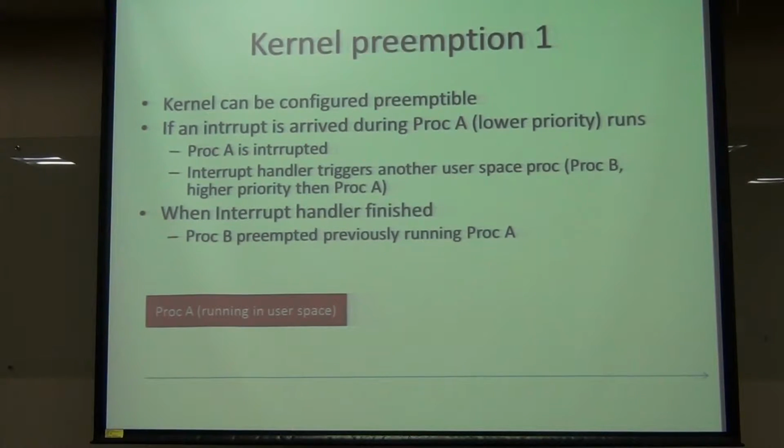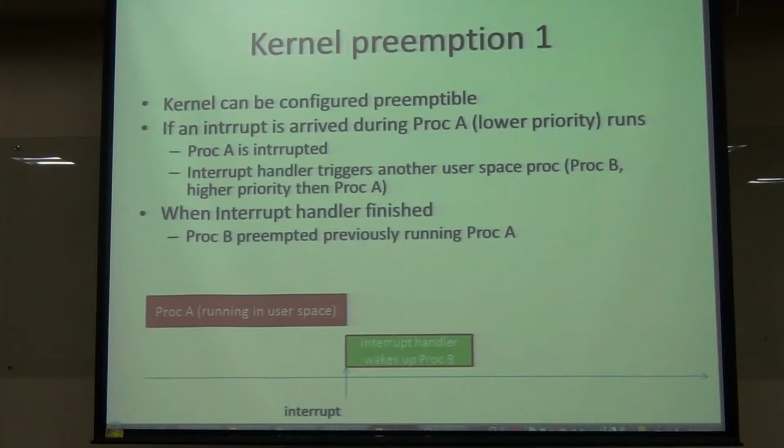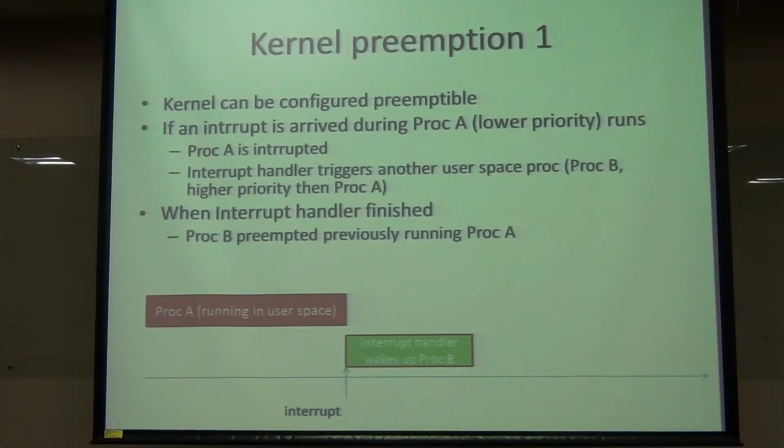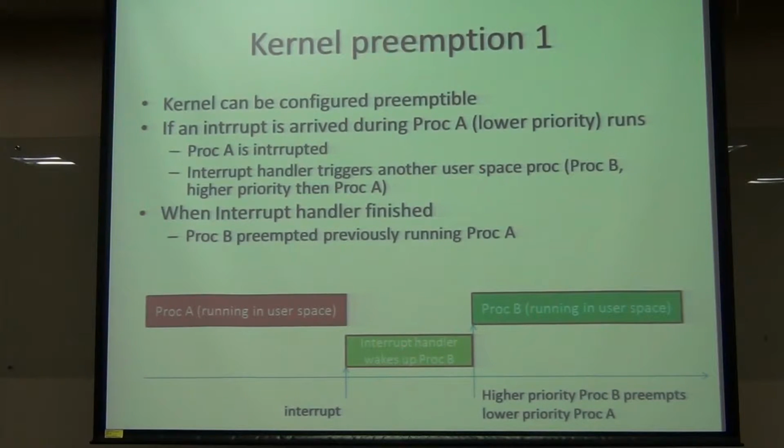In this example, if process A is running in user space and there's an interrupt, and then the interrupt handler wakes up process B, based on the scheduling process B will next preempt process A.